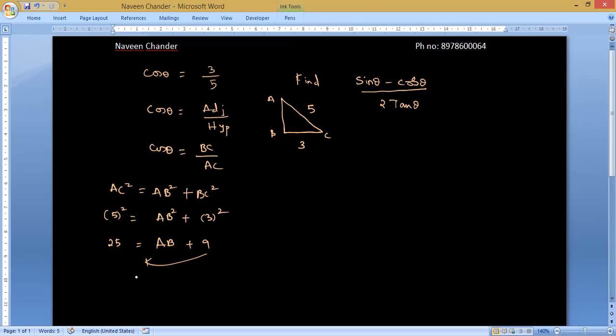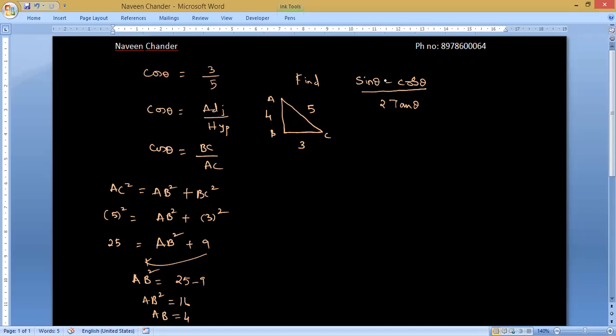So we are moving 9 outside. AB square is equal to 25 minus 9, that is 16. So AB is equal to 4. 4 square, that is 4 fours are 16. So you are getting 4.